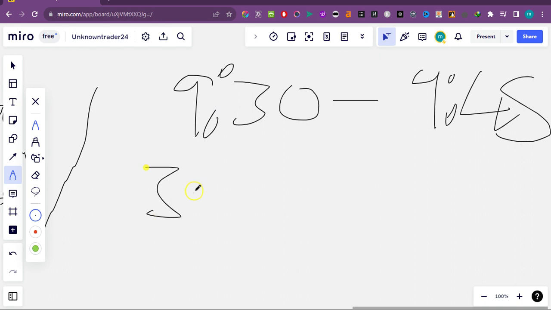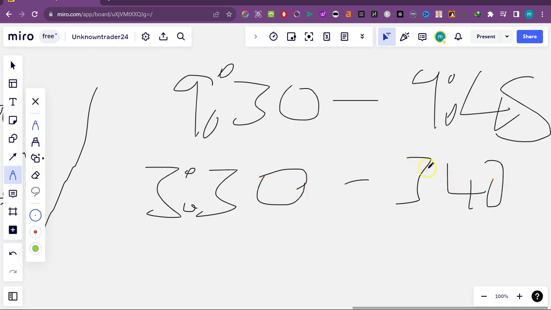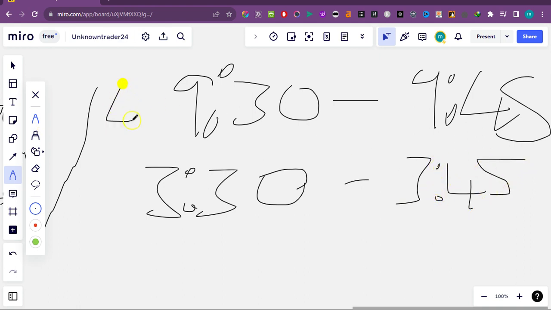And now we have 3:30, 3:30 to 3:45, quarter to 4, every 45 actually. Let me bring in the rubber because I made a mistake, and let me bring back my pencil. This is 3:45. Okay, this is London session, this is US session.